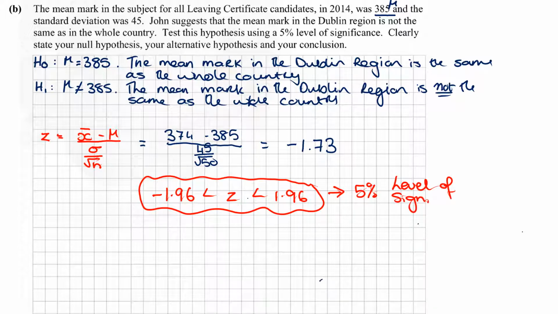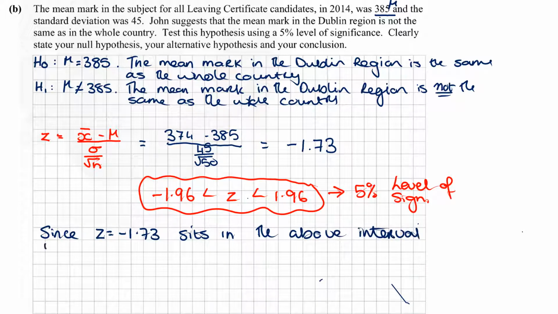So what we'll say is, since z equal to minus 1.73 sits in the above interval, we accept the null hypothesis. Now, 385 also sat in the confidence interval from part A, so we would have also accepted the null hypothesis there. The last part now is to come up with our conclusion.